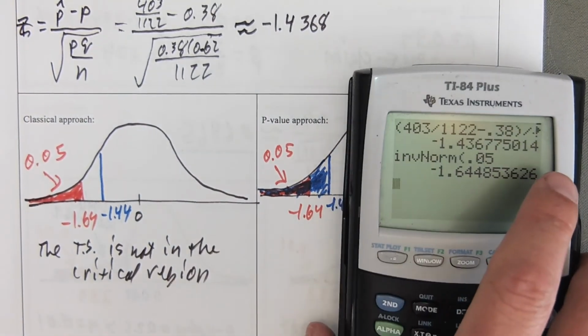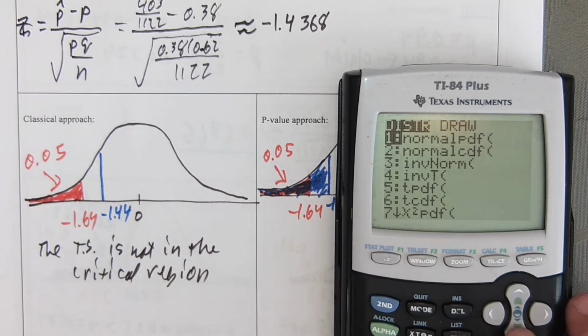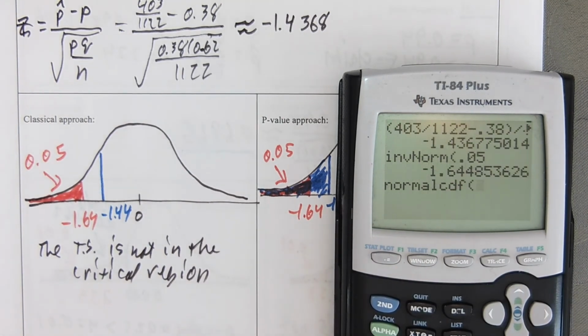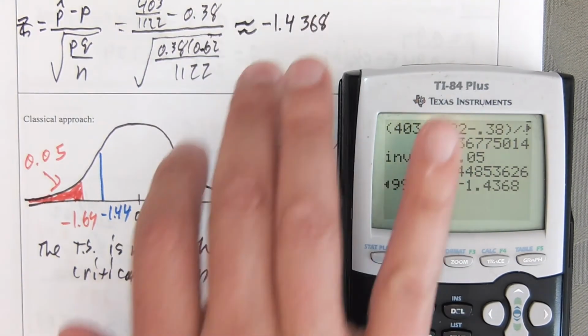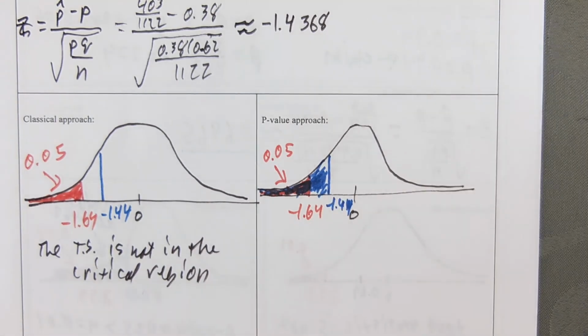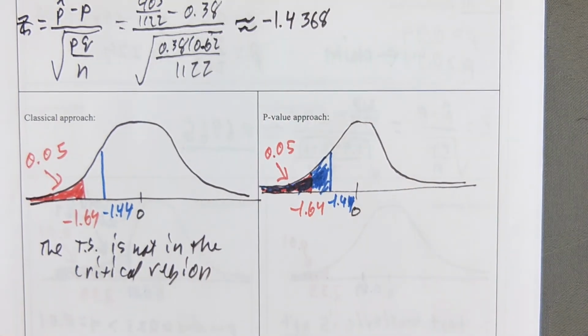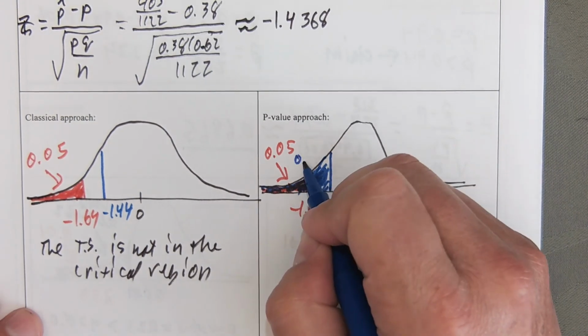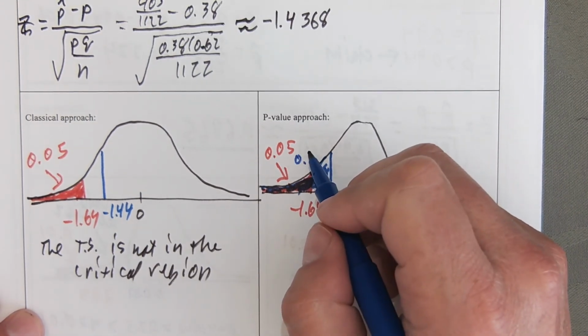So I'm going to do norm CDF, and we're going to go from negative 99999 up to negative 1.4368. I'm going to go off that number there. It's a little bit more accurate. And that's going to give me 0.0754.